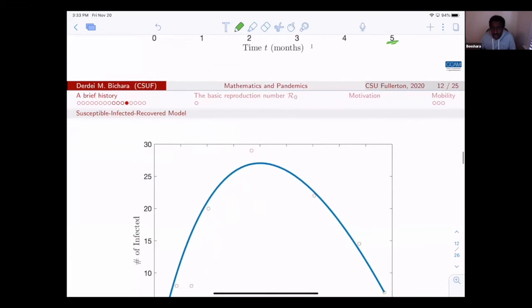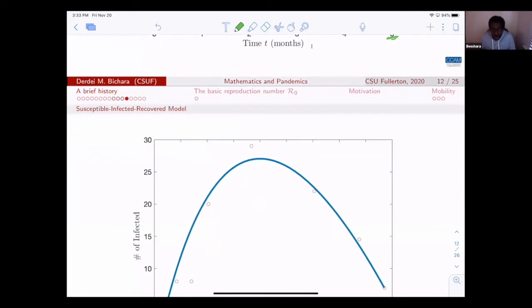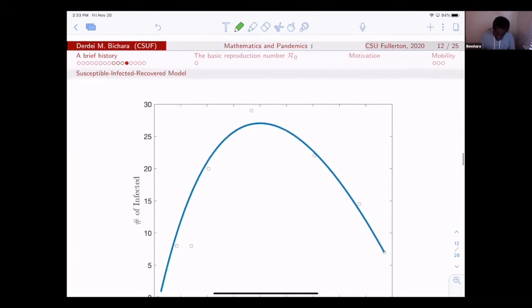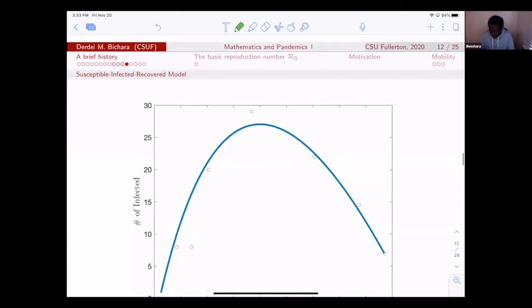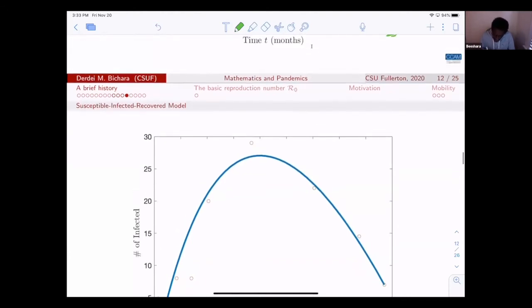The reason why beta is actually not constant in general, at least nowadays, is that if we take a closer look at the flu, typically it's seasonal.